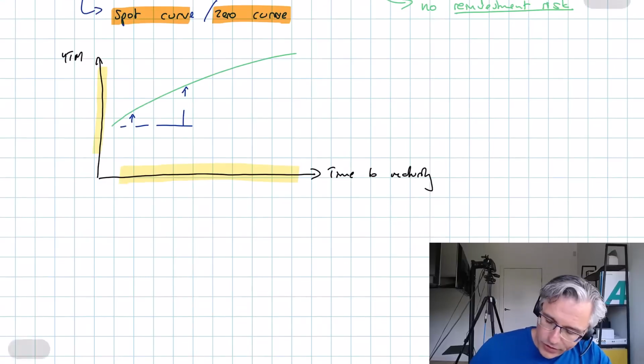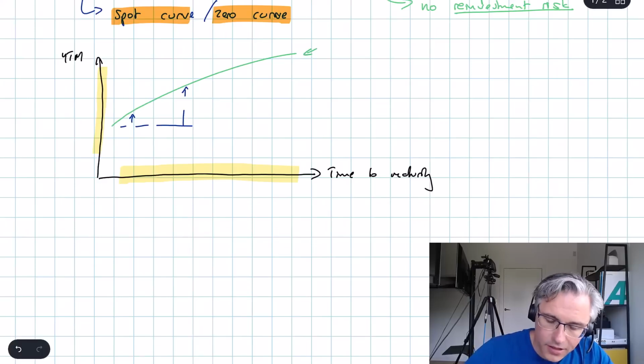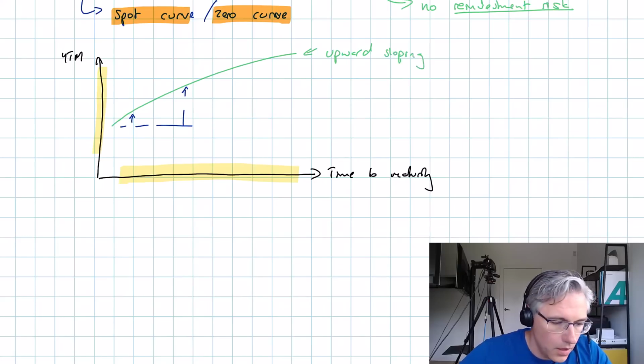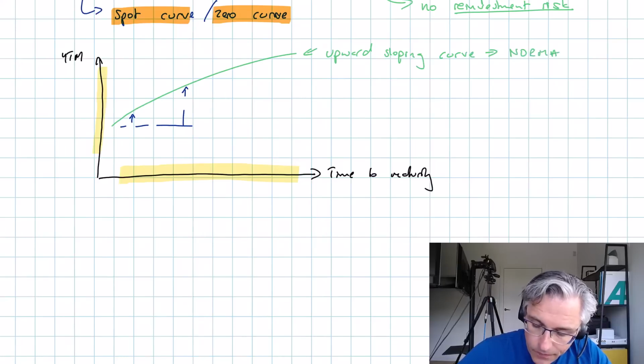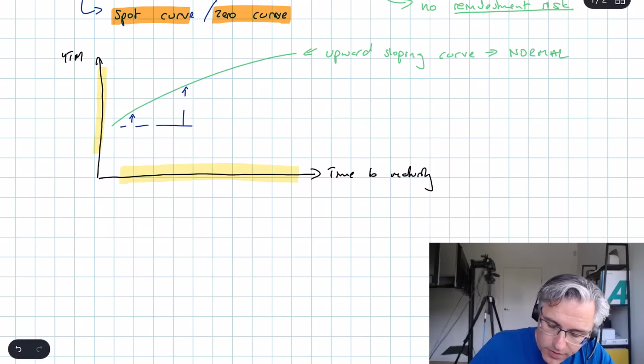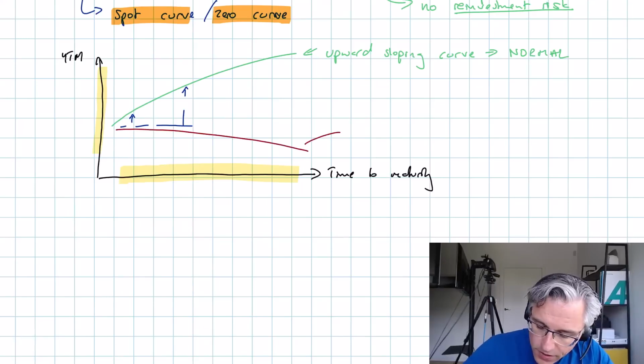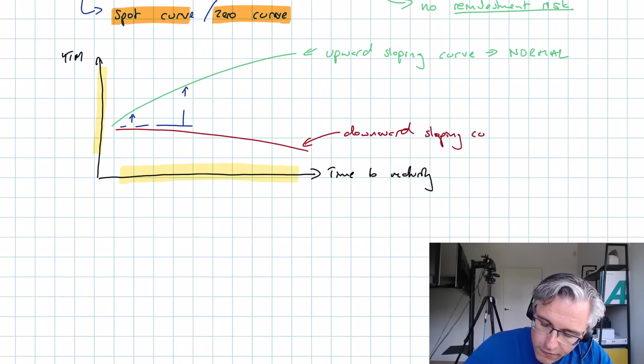However, let me just at this moment state that if the curve is upward sloping, we would describe that as being normal. However, you may also find a curve that is sometimes downward sloping, which is not necessarily the normal thing for it to do.